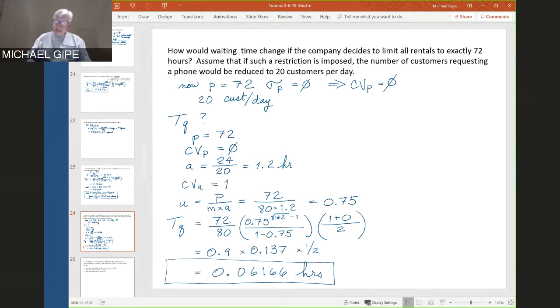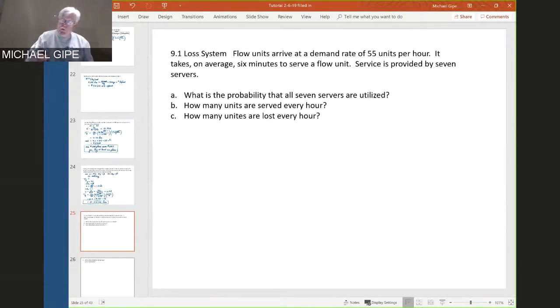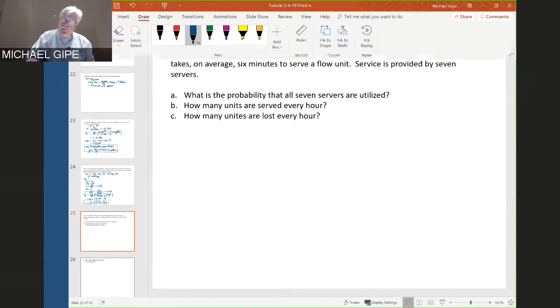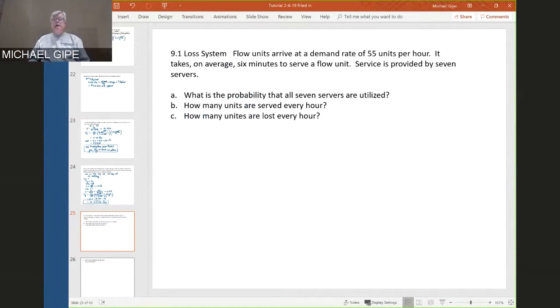Okay, let's move on to a new kind of problem, and this is from chapter 9, where we talk of the impact of variability on systems where we don't have customers willing to wait. In other words, we don't have a queue.